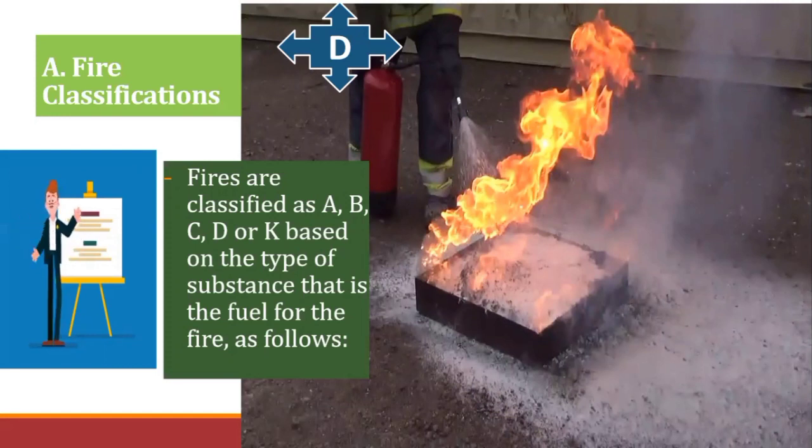In cases of Class D fires, because most of our buildings have metals as well, and we also have electrical wires, solid wires, water can actually act as an accelerant on metal fires.